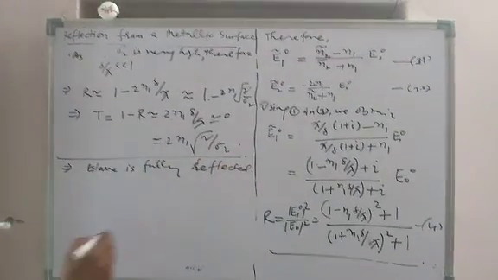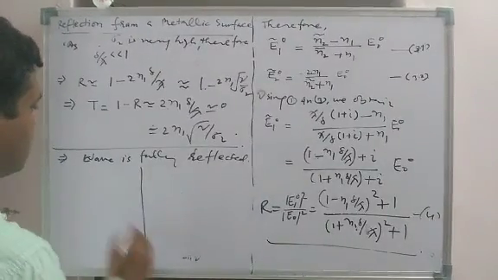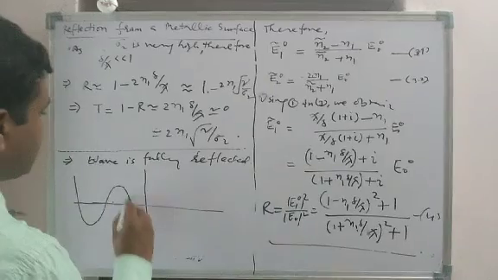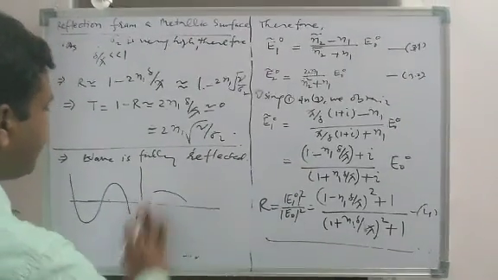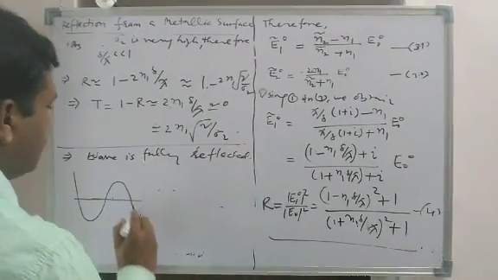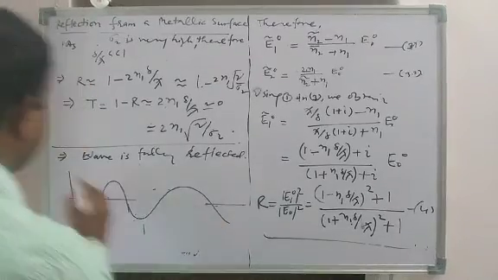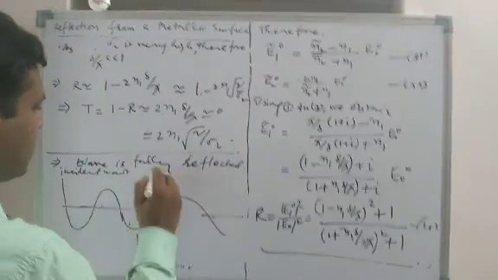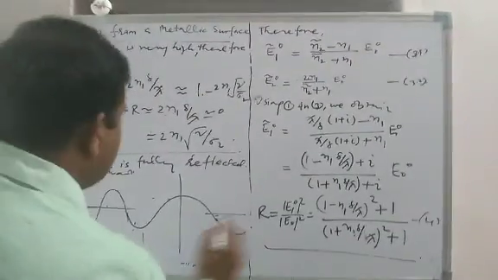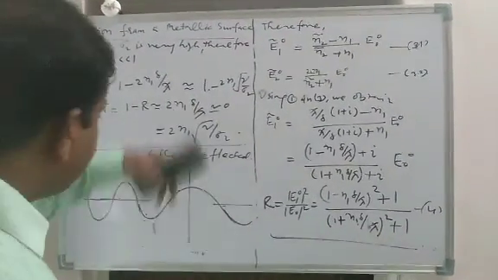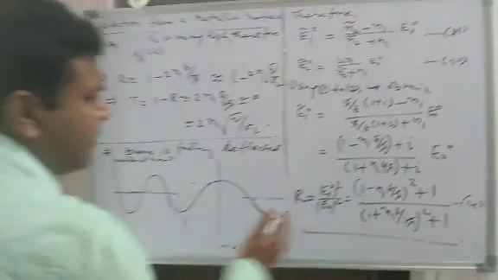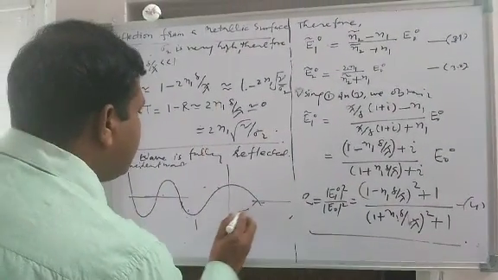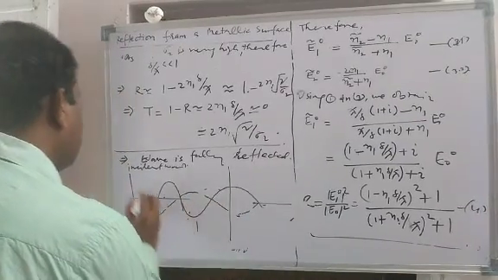So just to give you some picture, this is what we are going to get. Suppose we had started with a wave like this. Let's say this is the incident wave. So what we will get is the wave fully reflected back. So that means we could in fact have something like this.